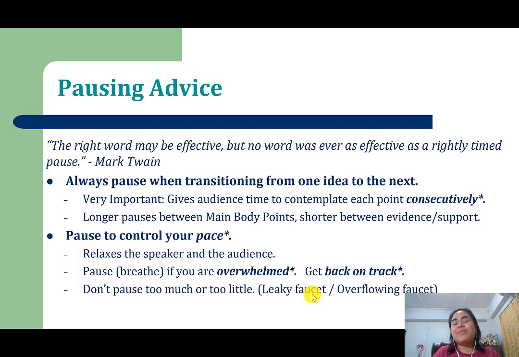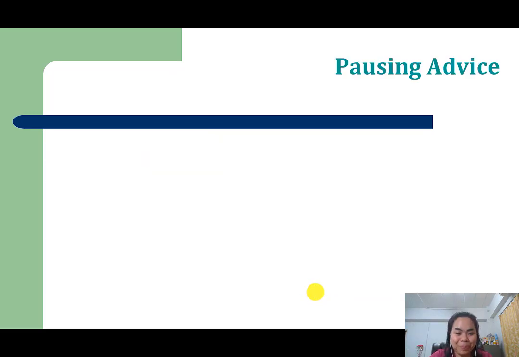But an overflowing faucet is when you turn on the faucet with maximum force so that the water runs down like a waterfall. That's like when you say, this is what I like about this, this is what I did, this is what I... it's too fast, okay? So don't be a faucet, either a leaky faucet or an overflowing faucet, okay?